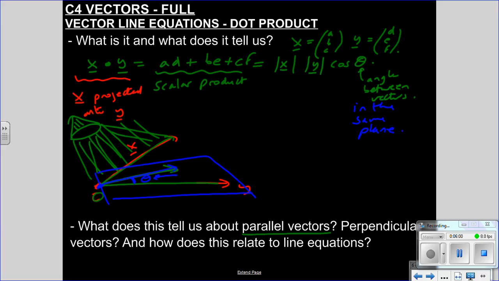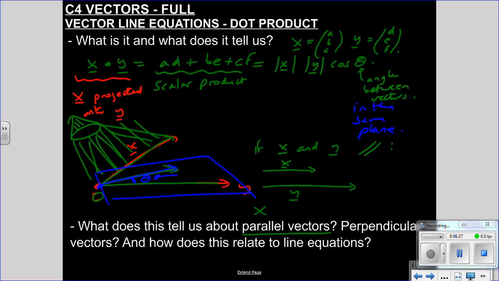What does this tell us about parallel vectors? If x and y were parallel, that's what that sign means, then if they're parallel, they essentially fall on top of each other, don't they? Doesn't matter if they're equal lengths or not.